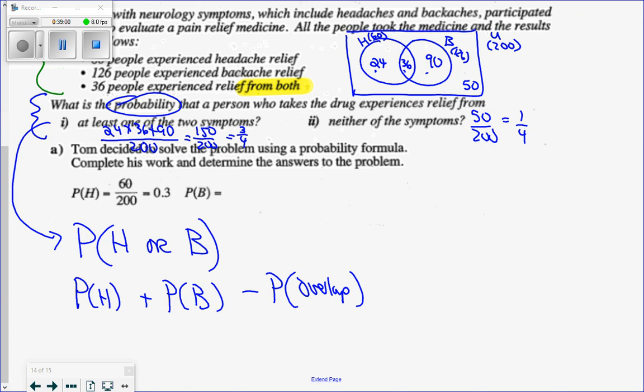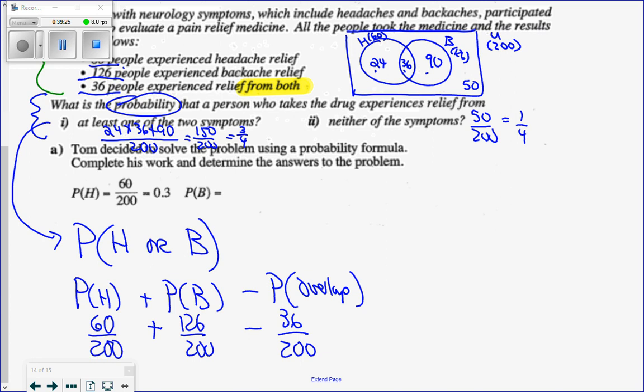Because we know that there's overlap. So 60 out of 200 experience headache relief. Backache relief was 126 out of 200, and both was 36 out of 200.